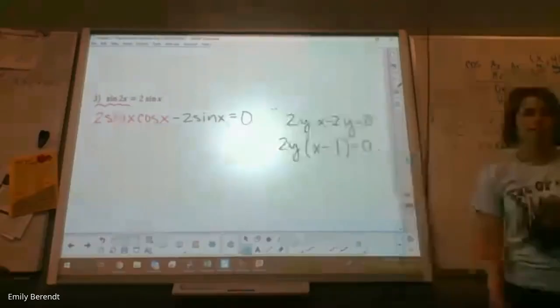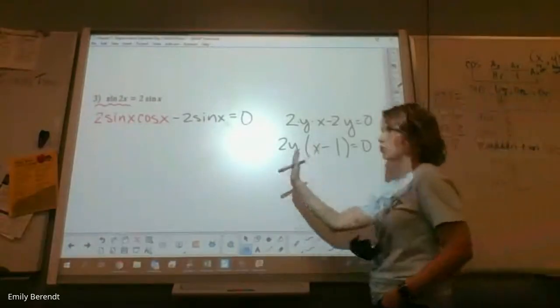If you're more confident with your algebra, change it to algebra, then go back to trig. So you have 2yx minus 2y. Factor out not only a y, but a 2y. So we're going to take a 2y out, leaving you with x minus 1 equals 0.